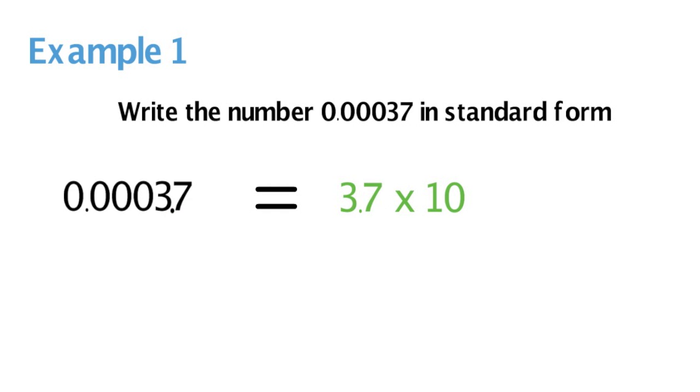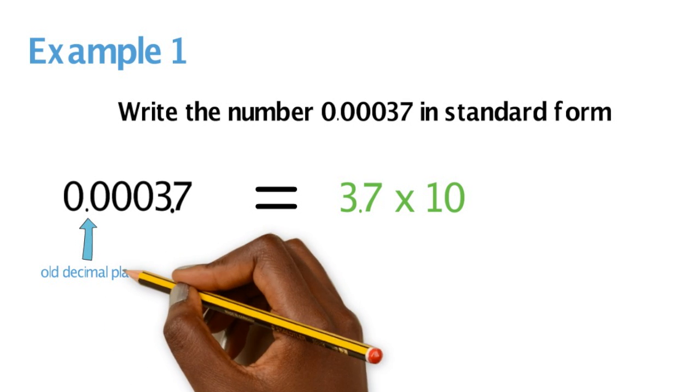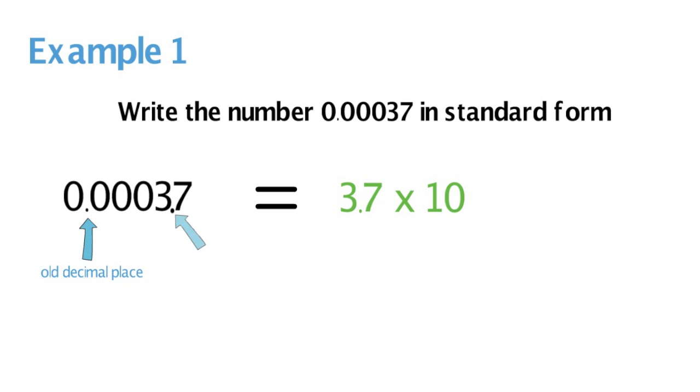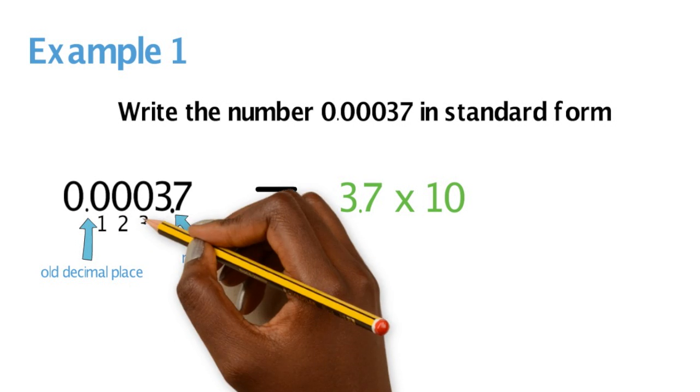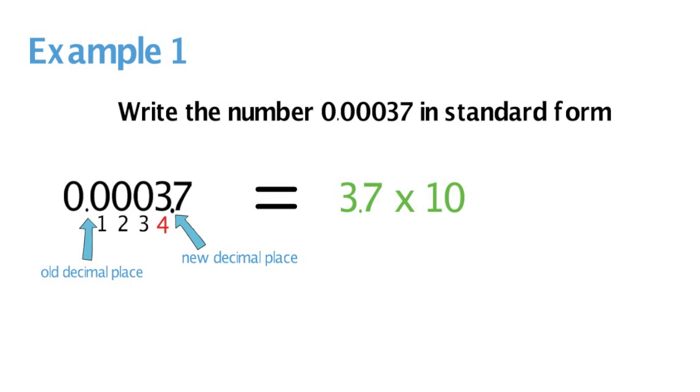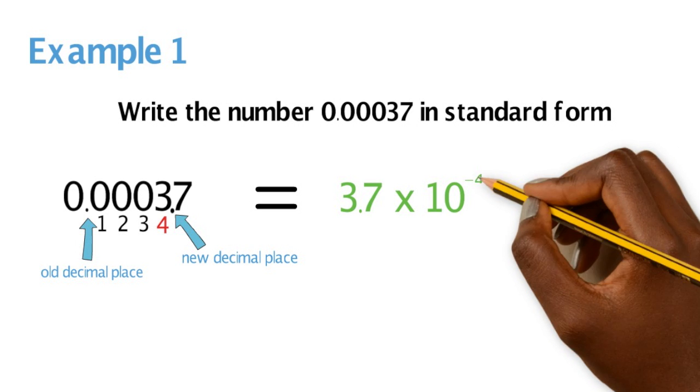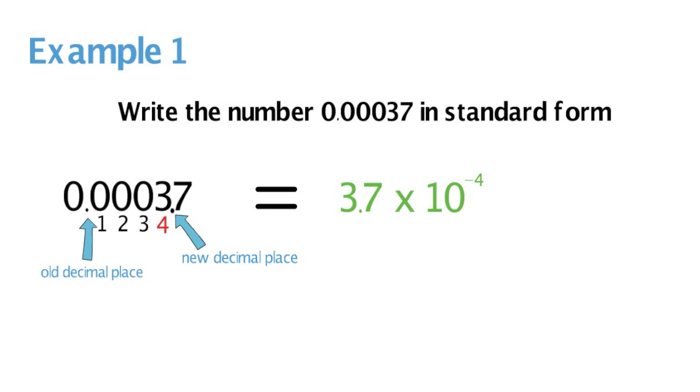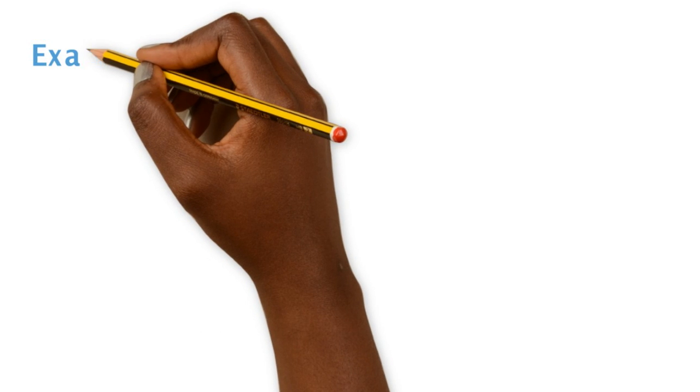I put our new decimal place down, and we've got our old one, because in small numbers you already have a decimal place there, whereas in big numbers you usually don't. So you've got our old decimal place, new decimal place, then I count in between. I've got 1, 2, 3, 4 numbers. And remember, because it's a really small number, we're going to have 10 to the negative 4. Just note that.